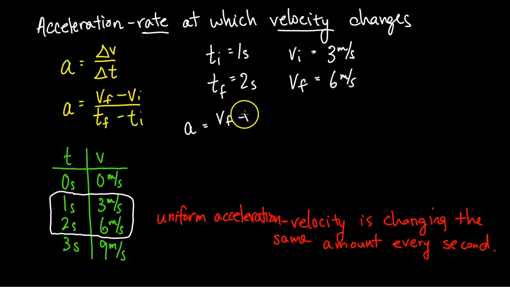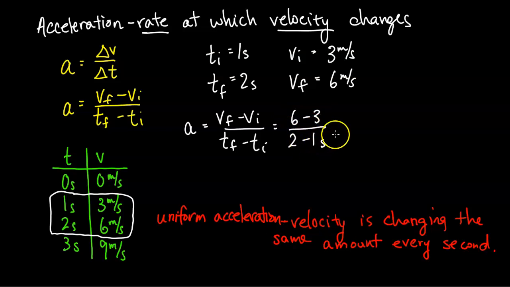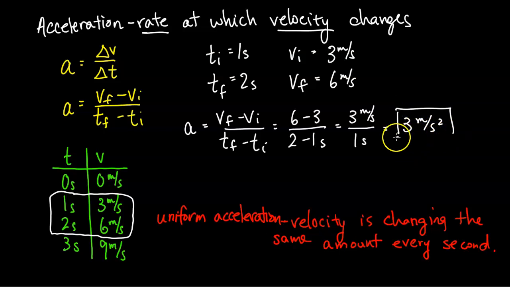V final minus V initial divided by T final minus T initial. And we get 6 minus 3 meters per second and 2 minus 1 second. So 6 minus 3, we get 3 meters per second. 2 minus 1 is 1 second. So we end up with 3 meters per second squared, or you can write it as 3 meters per second per second. We'll think about what those units mean in just a moment.